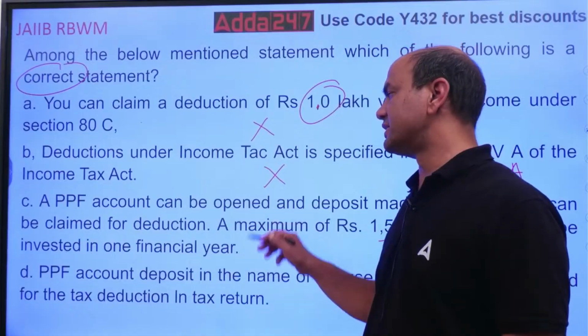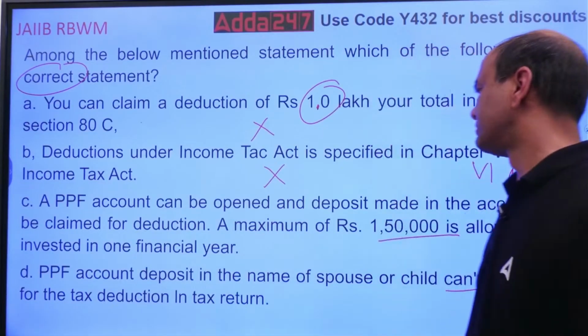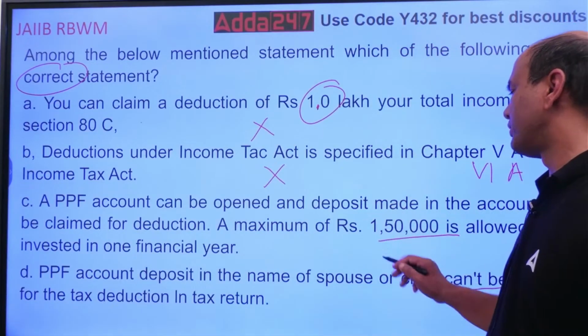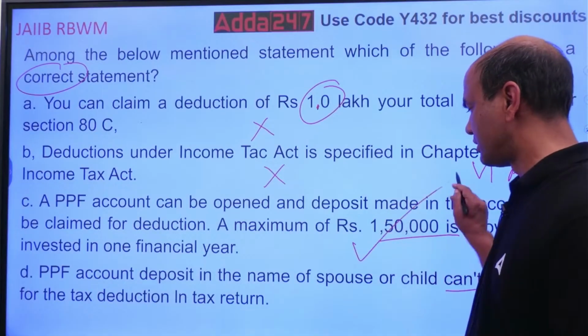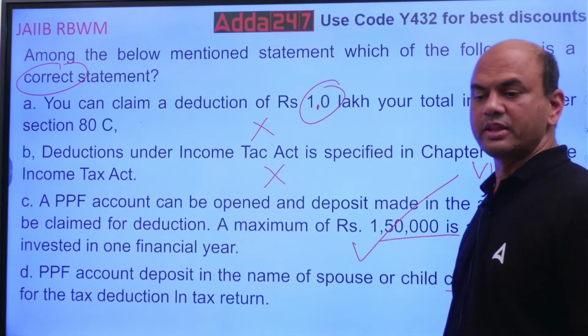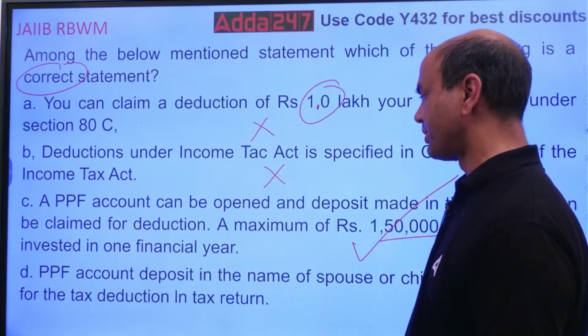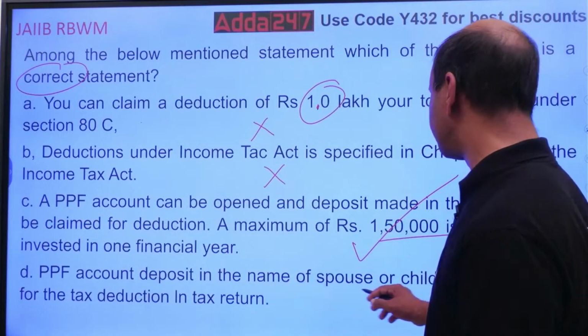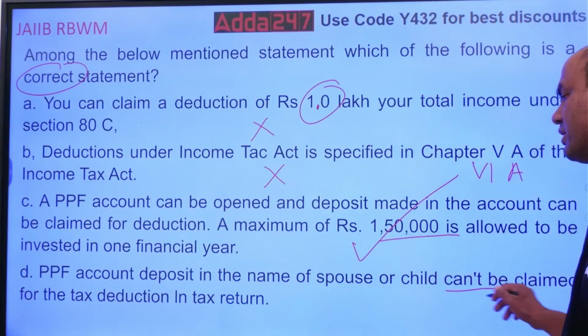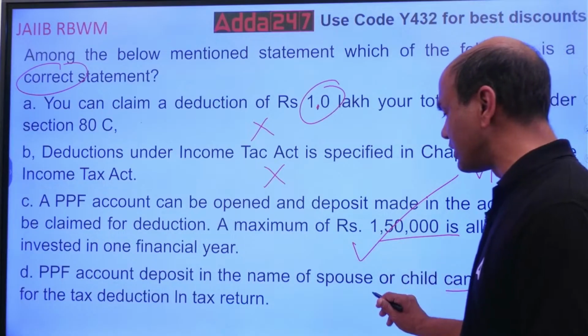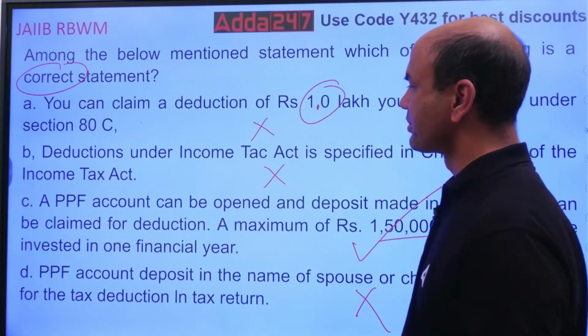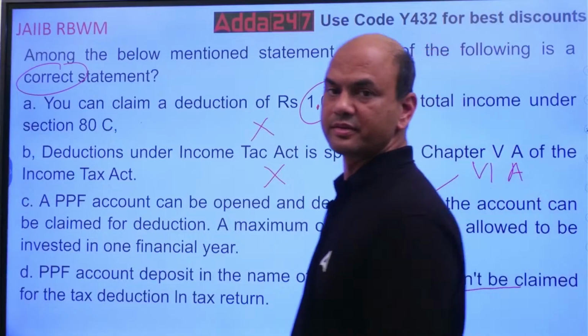Now this and this, C and D. PPF, 1,50,000 allowed. PPF account in the name of spouse can't be claimed under the tax deduction, so that is wrong. It can be claimed. So the answer is C.